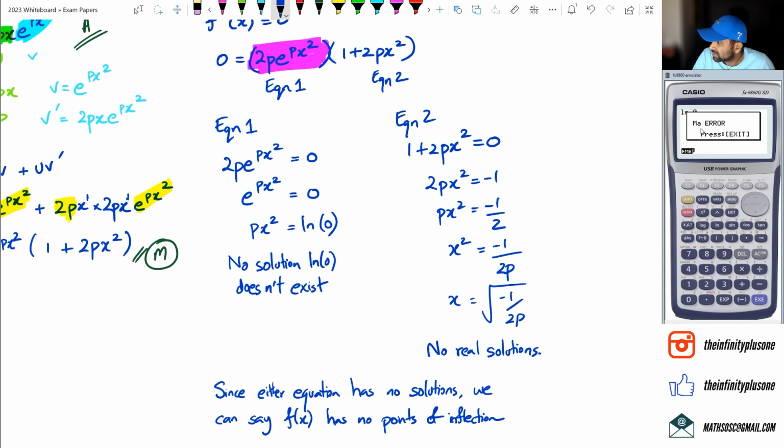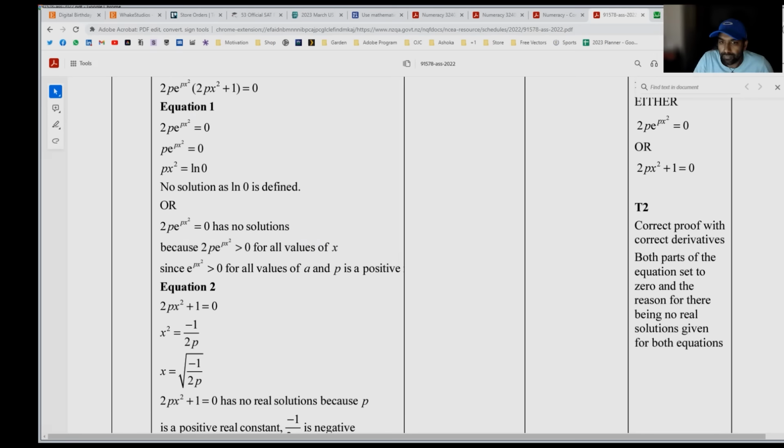In terms of grades, for a T1 you need to do equation 1 and equation 2, which is 7 points, I believe. T2 is E8, isn't it? If you want a full 8 excellence marks: T2, correct proof with correct derivatives.